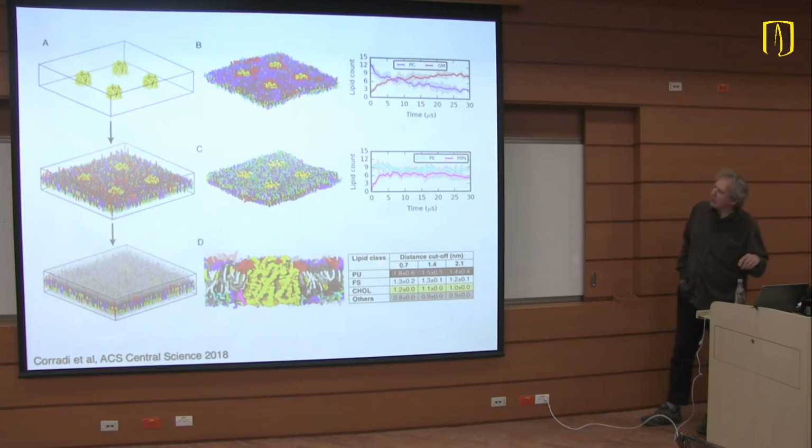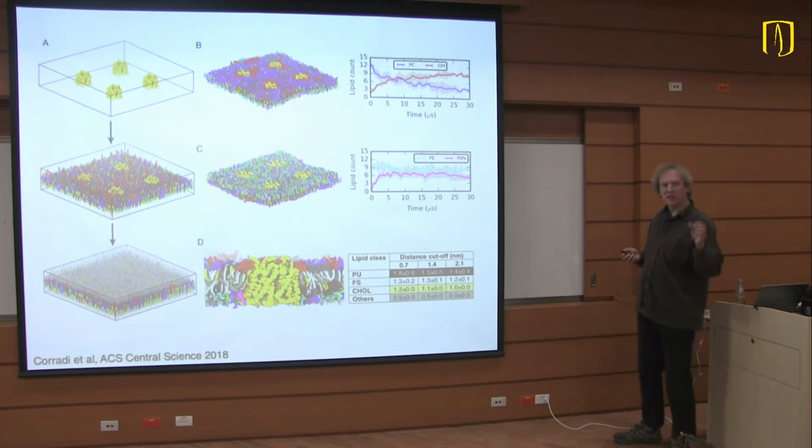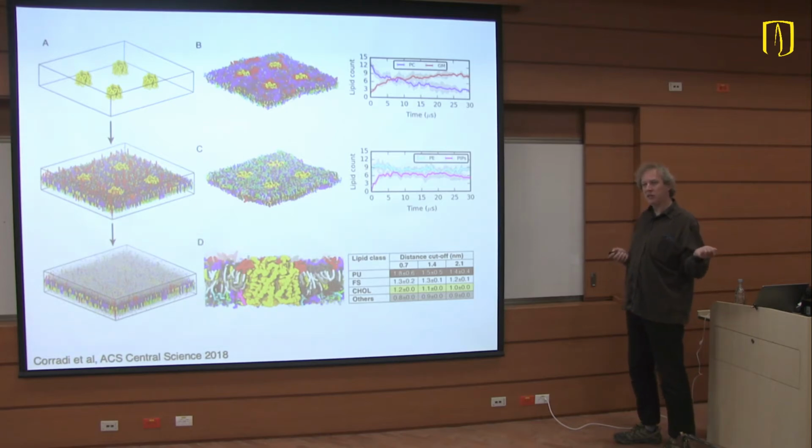And then one of the main details you get out of this are graphs like this and graphs like this. So this is a table of enrichment values. So we calculate after the simulation, averaged over the last part, what the concentration is of each lipid type around each protein, and we compare that to the bulk concentration. So if this would be the same, the protein has no effect on the local lipid concentration, and the enrichment factors all here would be 1.